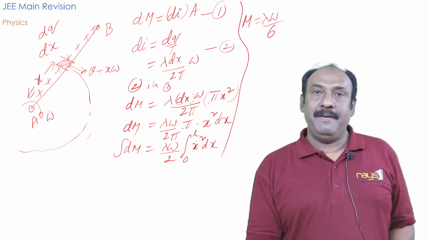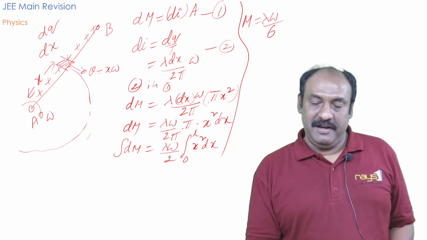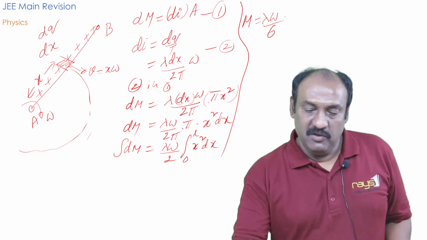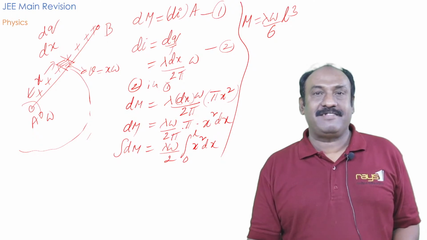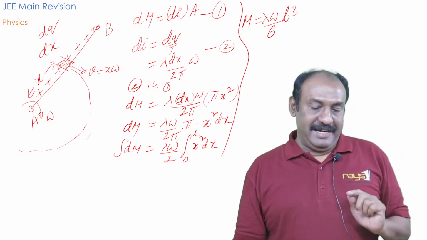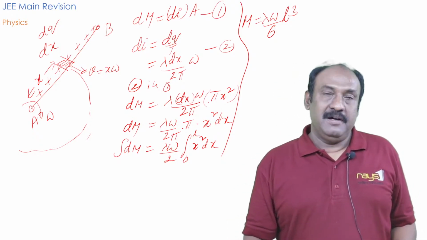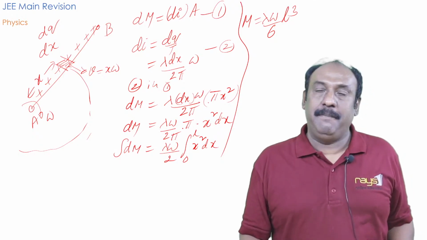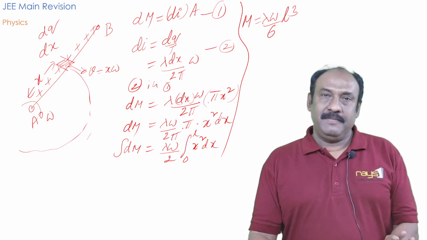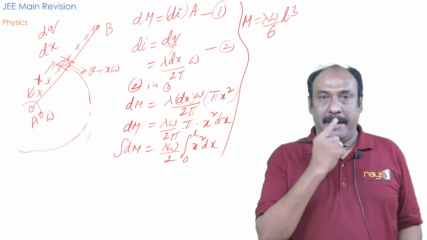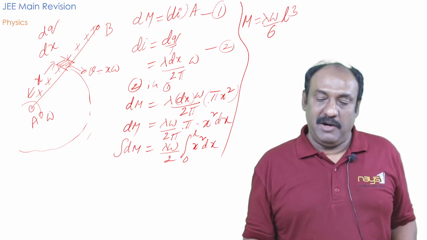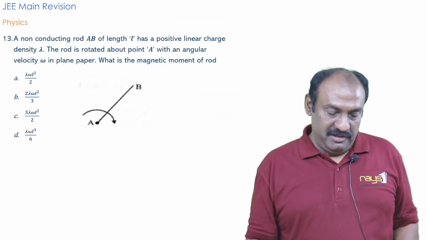For upper limit L and lower limit 0, after substitution of these two limits we get L cubed. So lambda omega by 6 into L cubed is the magnetic moment of the rod under rotation about a point which acts as a pivot point with constant angular velocity omega. So the answer is lambda omega by 6 into L cubed.